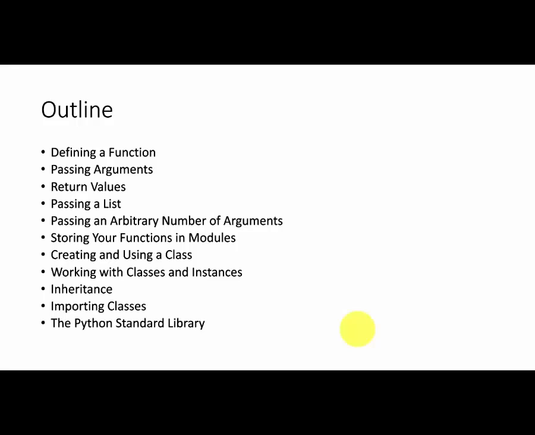Here come the object oriented concepts like inheritance. We can use the functions we created and implement inheritance by importing the classes. And finally we will see the Python standard library for importing. These are the objectives in this lecture 6.